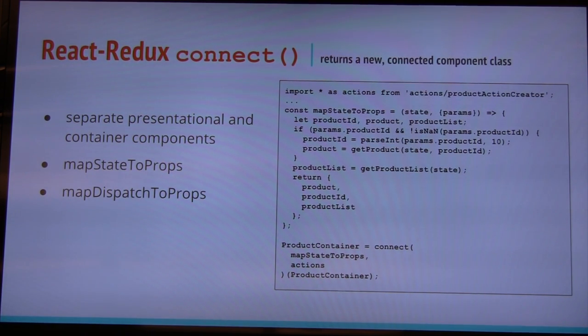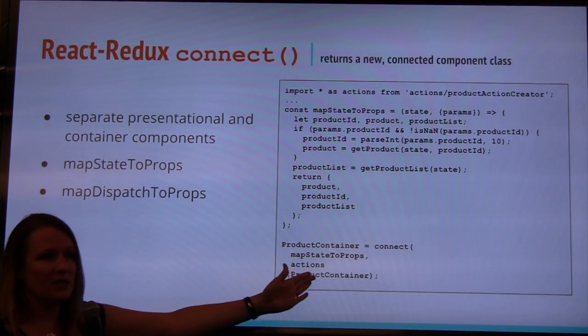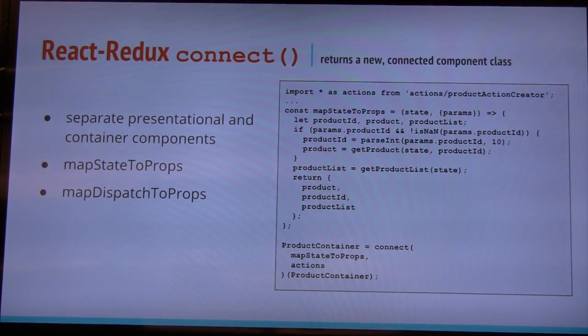In addition to reading the state, container components can dispatch actions. So you can define a function called mapDispatchToProps that receives the dispatch method and returns callback props that you want to inject into the presentational component. These examples I've shown here, however, utilize Redux thunk to receive the dispatch method. So here we're just passing the action creators directly into connect. It's a good shortcut.